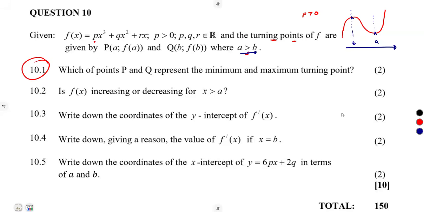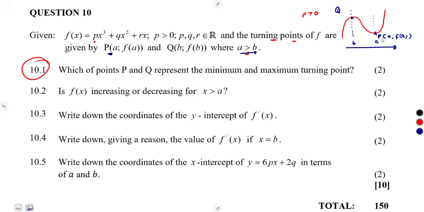So which of these two is the turning point? Remember, A is taken from point P. This is our point P, which is A, f of a, like that. Then B is taken from point Q. So which one represents the maximum and minimum?